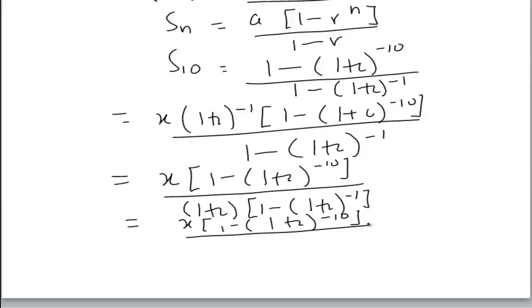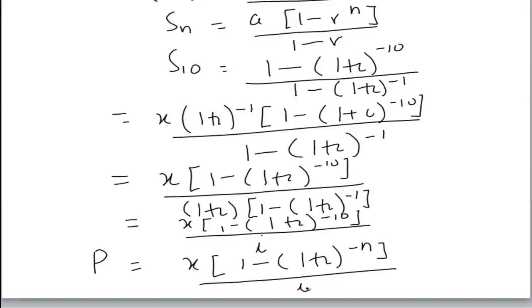So we've got 1 plus i minus 1, which is i, and that's our formula, which is P is equal to x into 1 minus (1 plus i) to the minus n, all over i, and that's the present value formula.